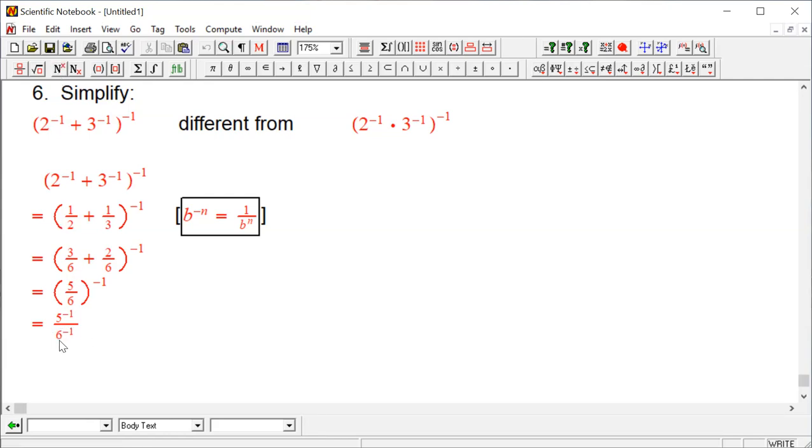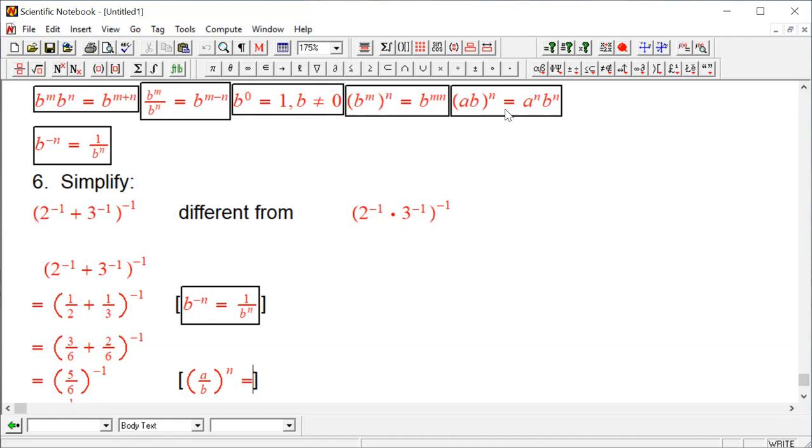Well, we didn't mention there's a similar property, which is not difficult to prove, that when we have A over B raised to the power of n, it can be derived similarly to this property. It's very similar.